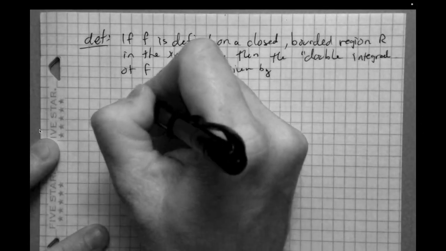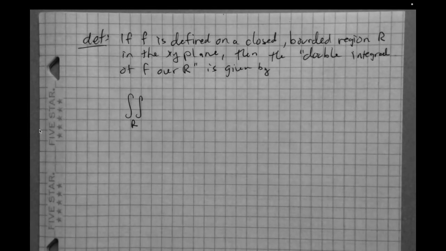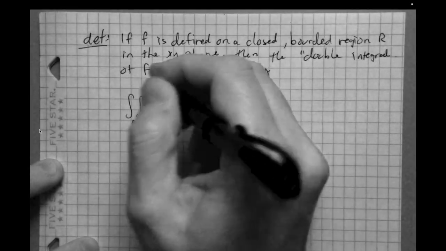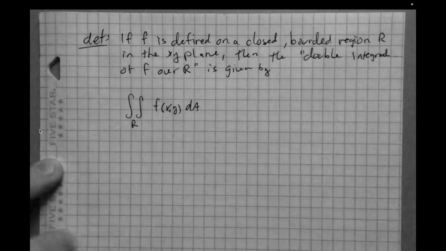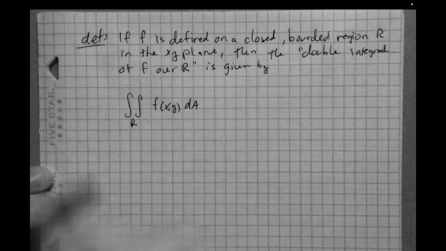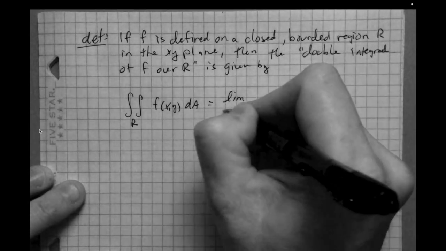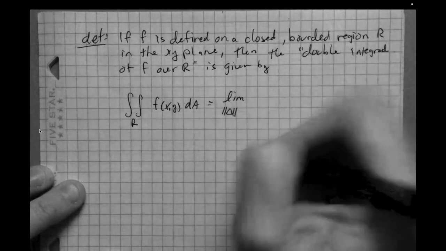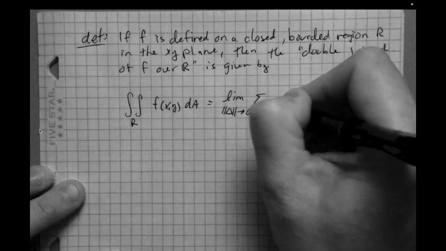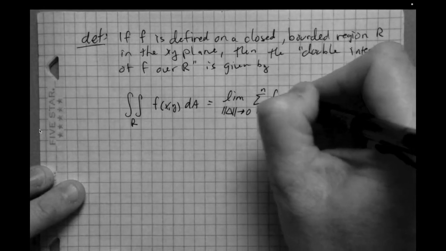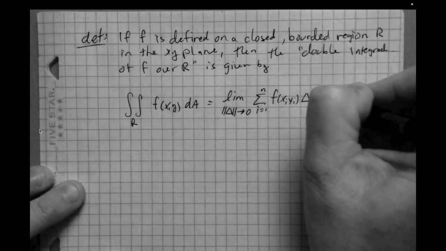okay, and here's the notation. So again, it's just two integral signs, and usually if it's a double integral over a region, you can just denote it like this, right? So it's going to be f of xy dA, A meaning area, okay, and that's equal to the limit. Right, now here's kind of where it comes from. This is the limit as the norm of the partition, as we just defined, goes to 0 of the sum from i equals 1 up to n of f of xi yi times delta Ai, right?